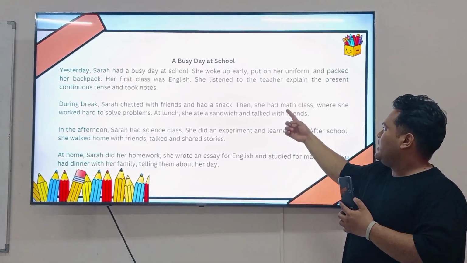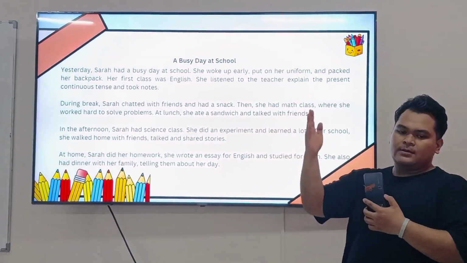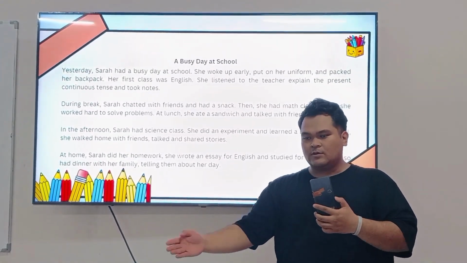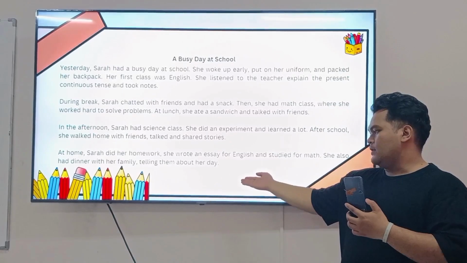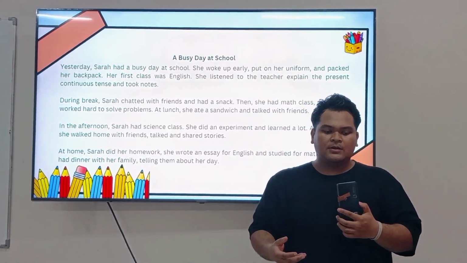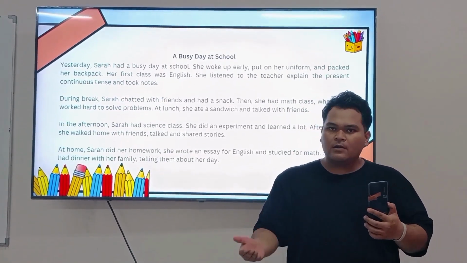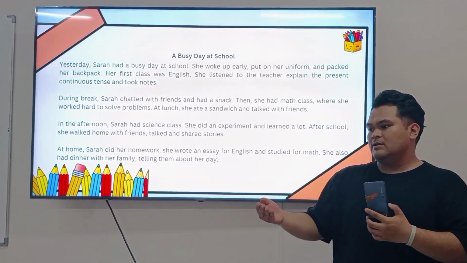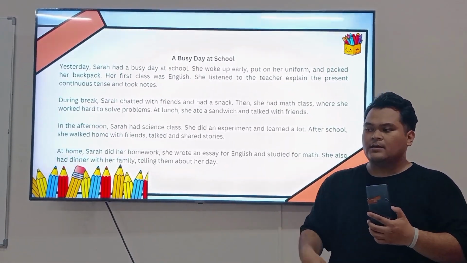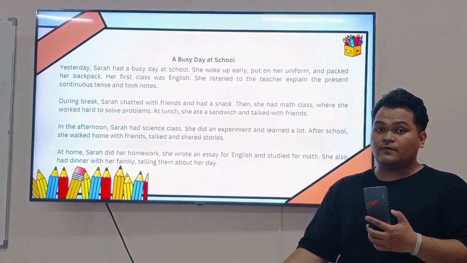She woke up early, put on her uniform, and packed her backpack. So we change to another student and so on until we finish. And then we ask, do you realize the pattern? Or maybe we ask about something related to the story, like what did Sarah do, what did Sarah eat, and so on.